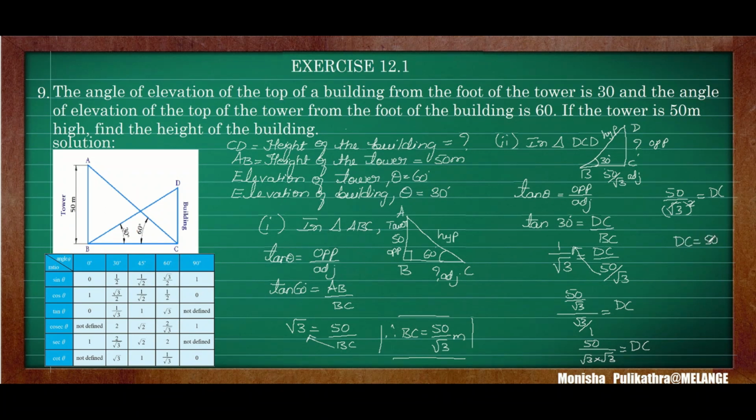So DC is equal to 50 by 3. Dividing, 3 ones are 3, 3 sixes are 18, and the 6 is recurring. So DC is equal to 16.66 meters. Okay, so we have to write this as the height of the building.